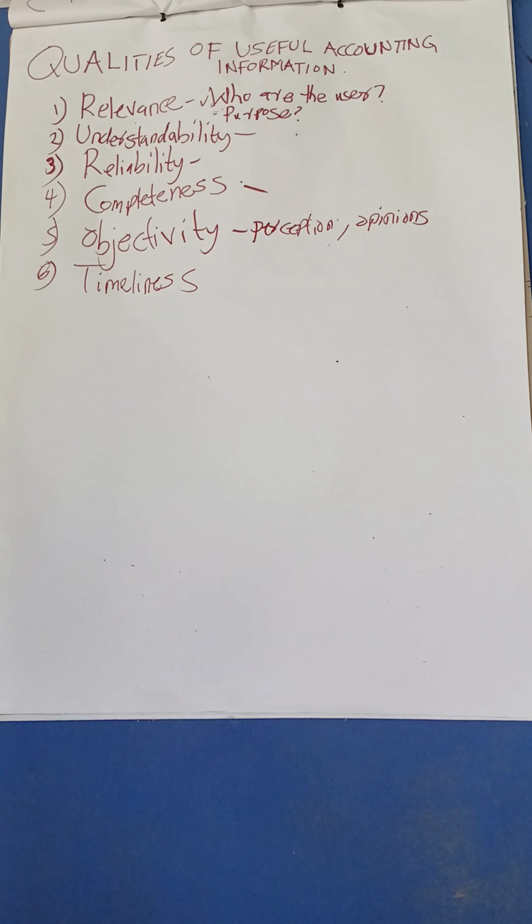So make sure that the information is presented to the users on time. If you are presenting it on a quarterly basis, make sure it is prepared and meets the quarterly basis. If it is presented after half a year, make sure that it's presented after half a year. Or if it is annual, make sure that it's presented on time. So the time factor comes in.